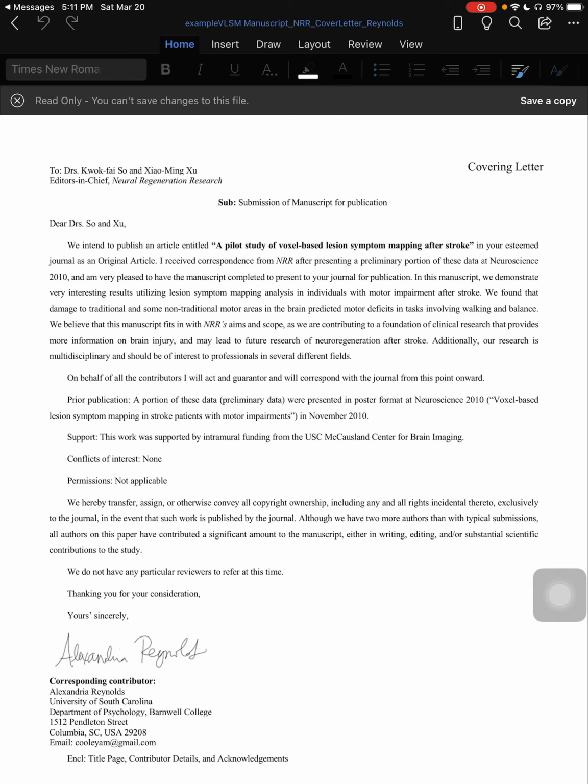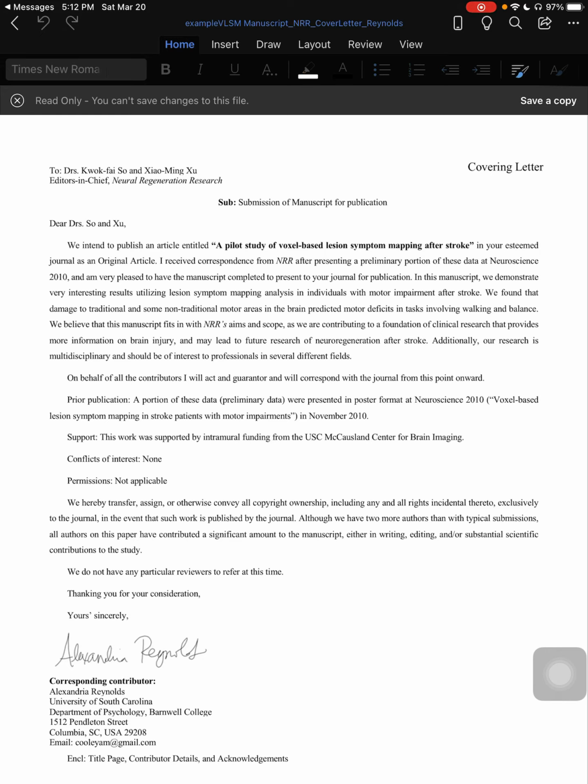And so it's really important to explain what you found. So here, these are the actual main findings of the study, how it fits in with the aims and scopes. And in this case, this is very specific clinical research that provides information on brain injury, and actually could lead to further work in neuroregeneration after stroke, and then why it might appeal to the audience of, in this case, neuroregeneration research.